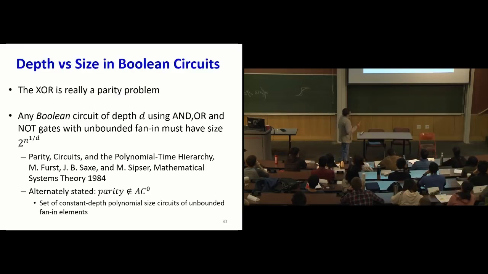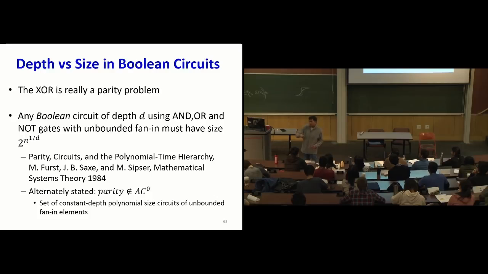So just as a note, I've been talking about the XOR. The XOR is a very special function that people who work on these problems like to work with. It's a parity problem. You're computing the parity of your input sequence. And the real statement is that any Boolean circuit of depth d, a fixed depth d, using AND, OR, and NOT gates with an unbounded fan-in, which means any single gate can take any number of inputs, must have a size 2 raised to n raised to 1 over d, right?